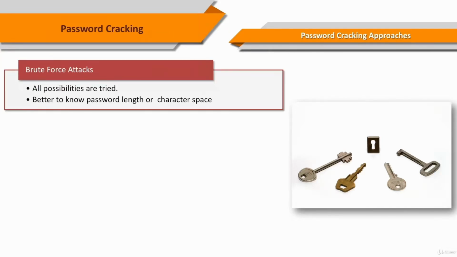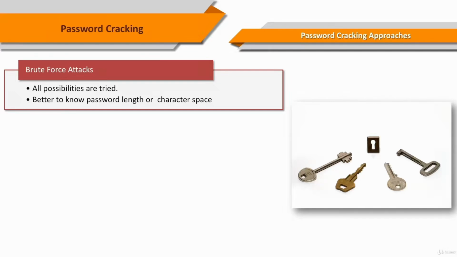There's, of course, the one that everybody knows, brute force attacks. They work by calculating every possible combination that could make up a password and testing it to see if it's the right one. As a password's length increases, the amount of time to find the correct password increases exponentially.